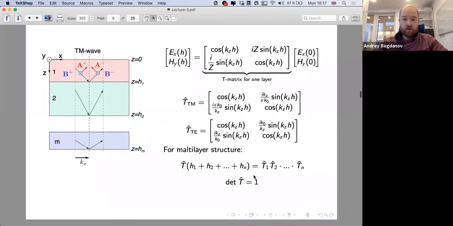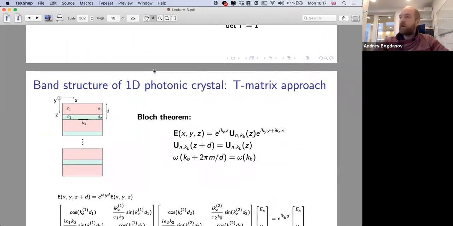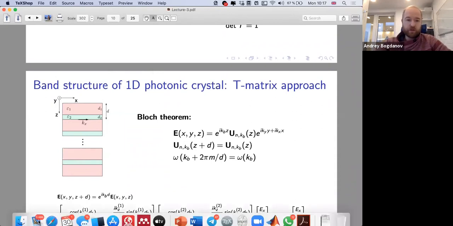Then we applied the transfer matrix method to a multilayer structure. Again, let me remind you that in a periodic structure, like here, the solution is not periodic.